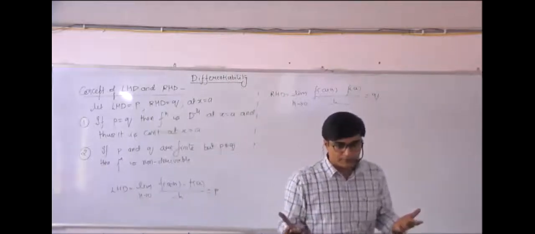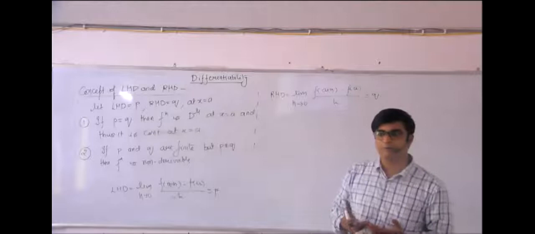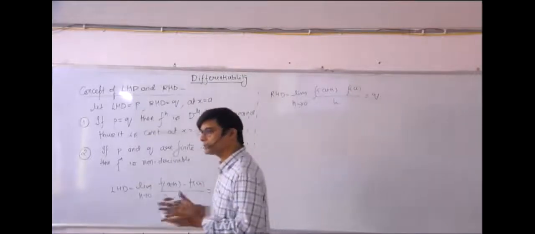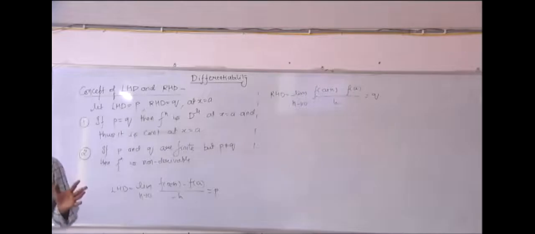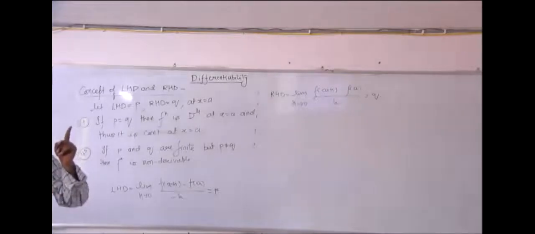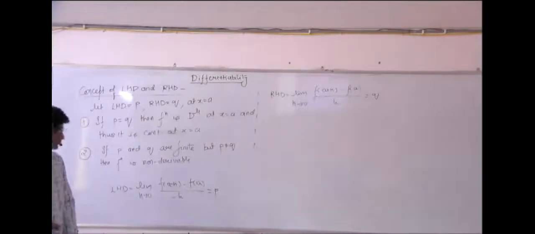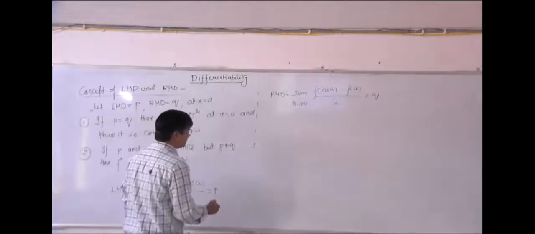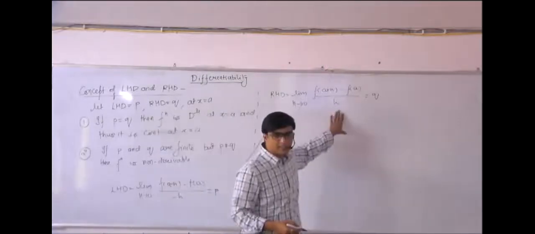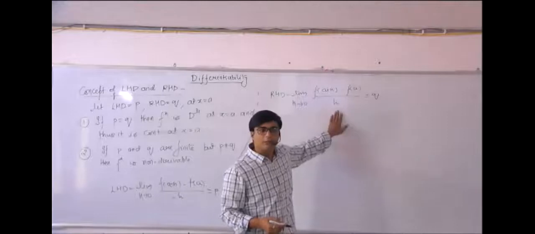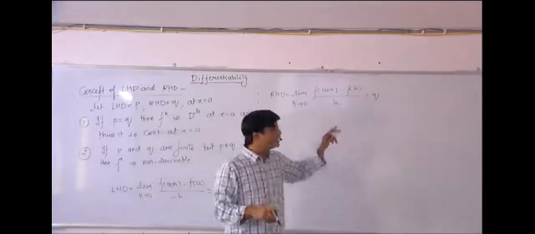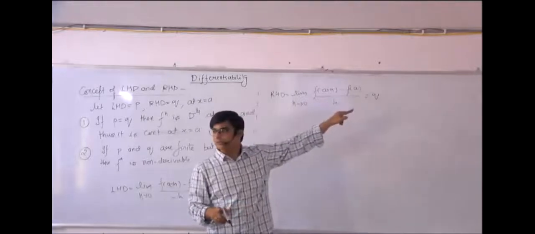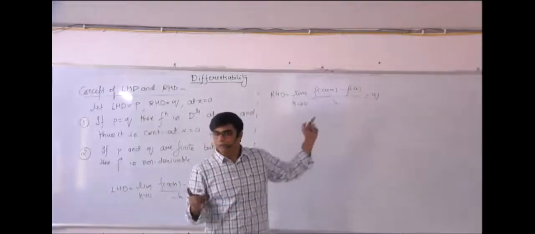Indeterminate form: if we have something in the denominator tending to 0, then the limit will only exist when the numerator is also tending to 0. Yes or no? So we can say in the left hand derivative, same here in the right hand derivative, your denominator is tending to 0. Limit will exist only when your numerator is also tending to 0. Yes or no?